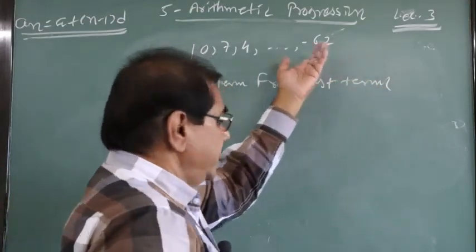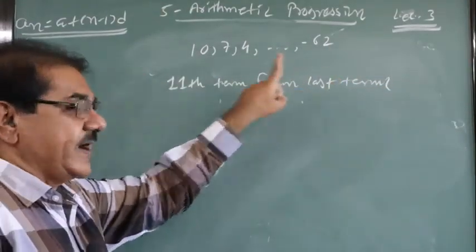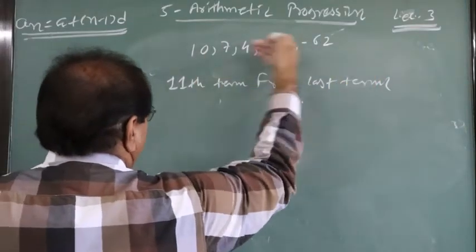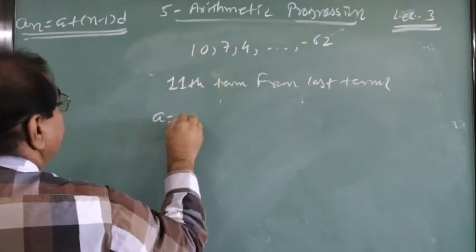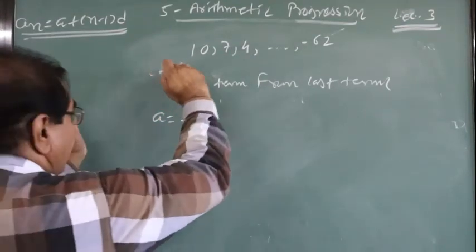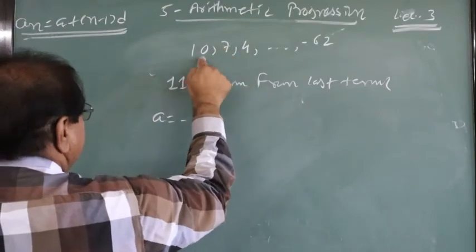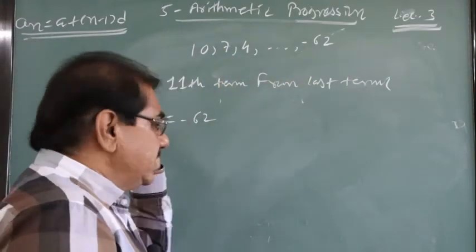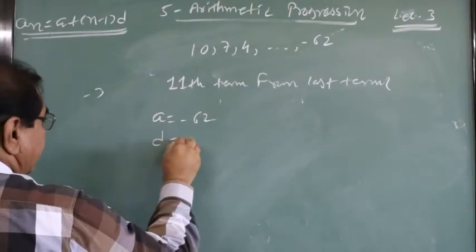From the last term, you come in reverse and find the 11th term. So if we start from the last term, your a will be minus 62. The regular difference is 7 minus 10, which is minus 3. So if we reverse the order, the difference will be 3.